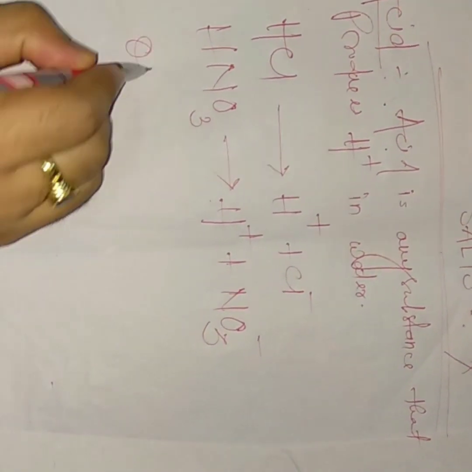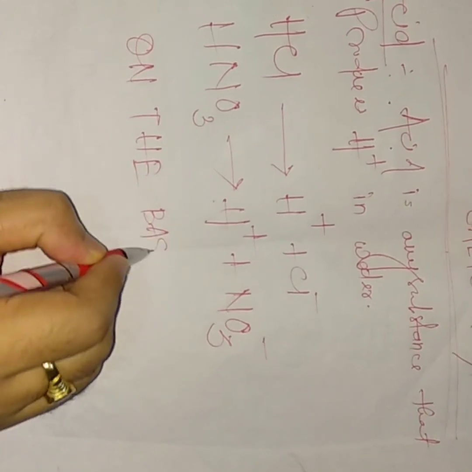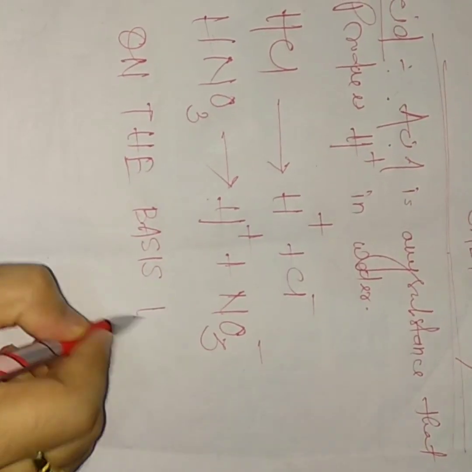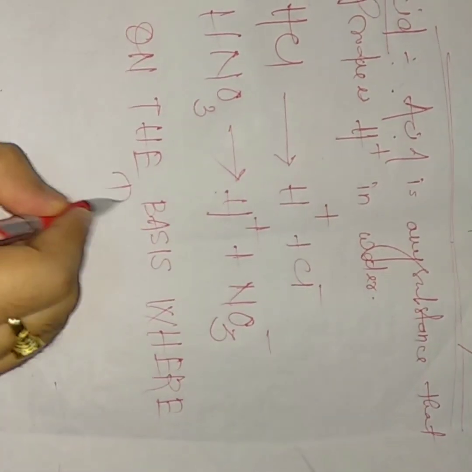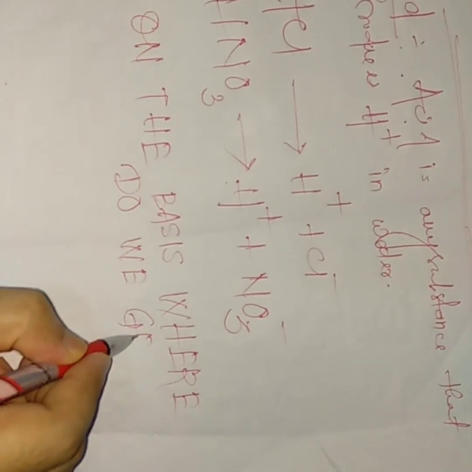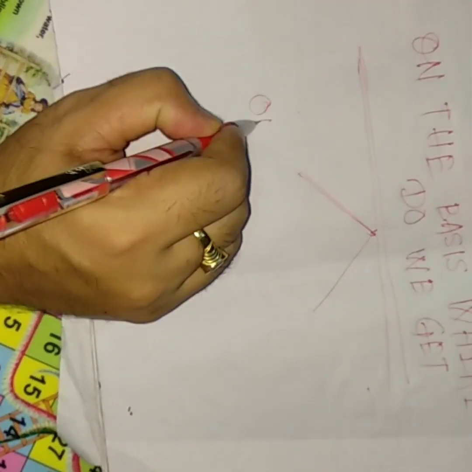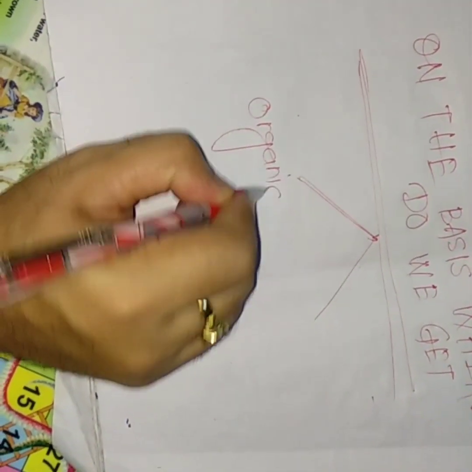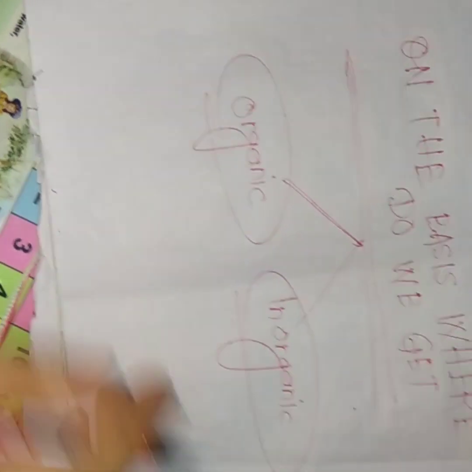Then on the basis of origin, on the basis of where we get them, acids are generally two types. One is your organic acid and the other one is your inorganic acid. Clear?